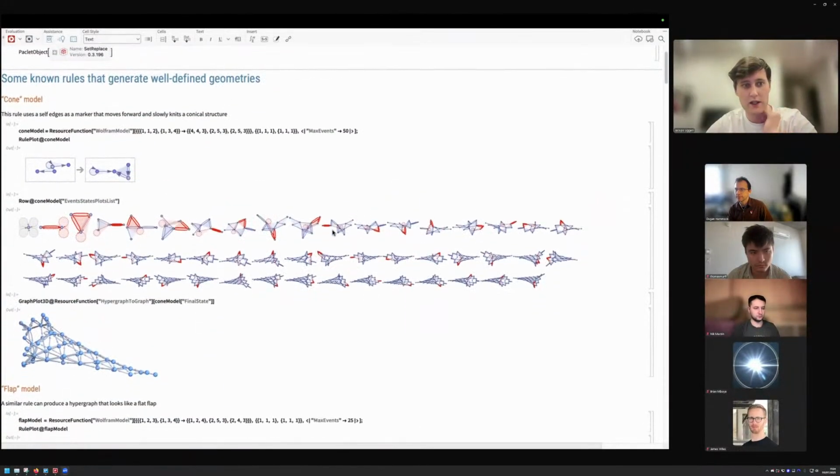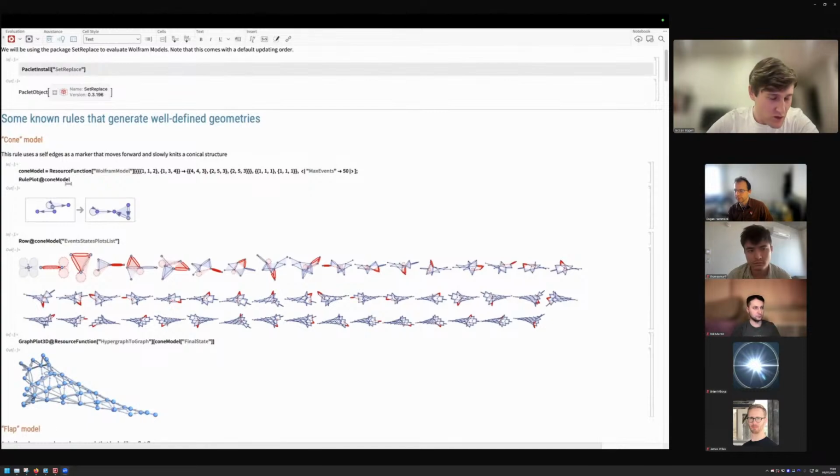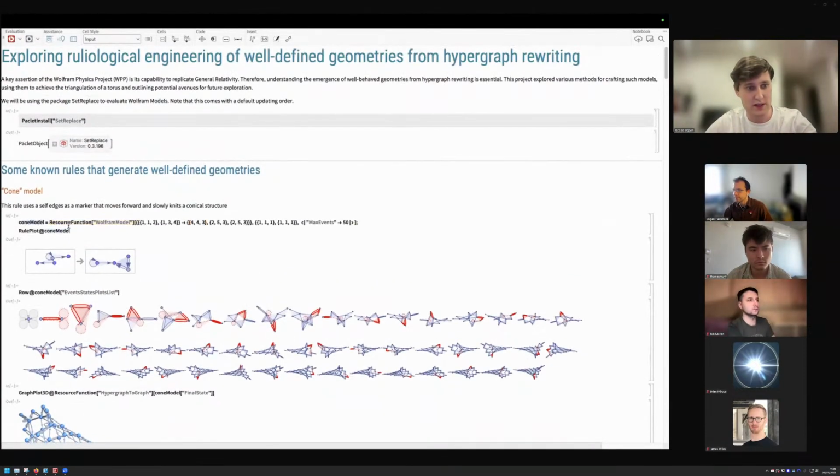For example, this rule here, this cone model, is to sort of catch everyone up. These are Wolfram models using the SetReplace package.